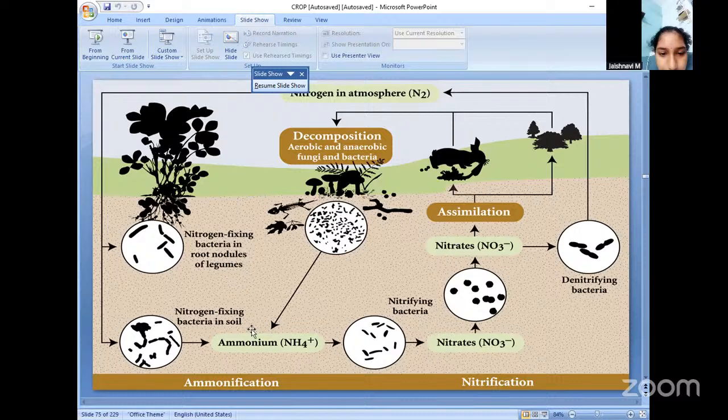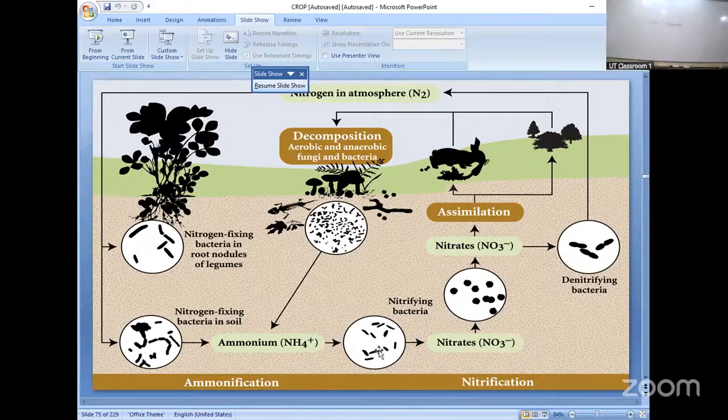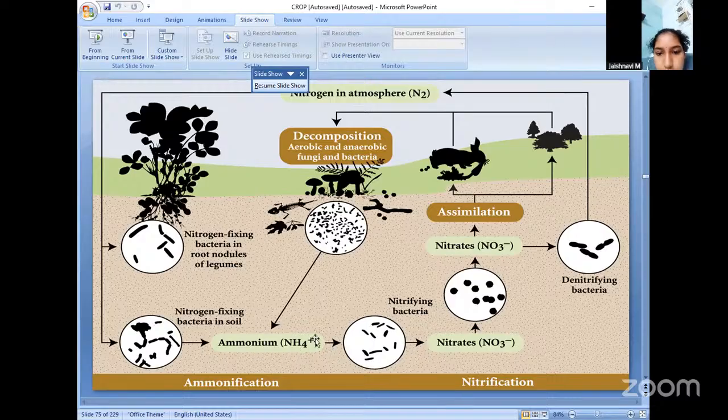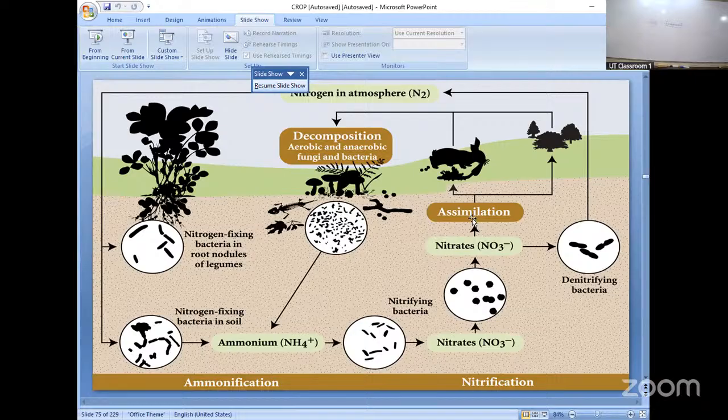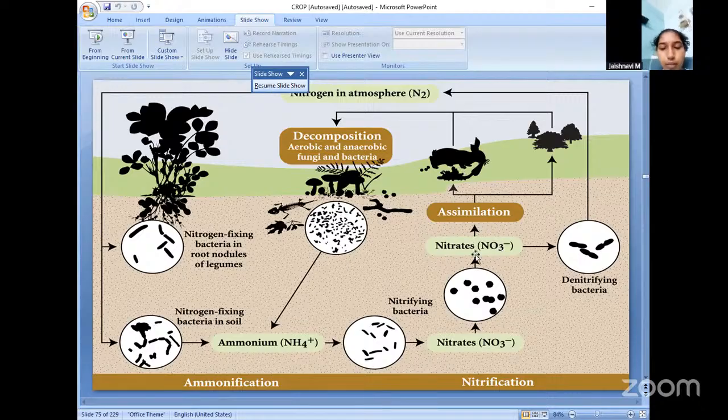Nitrogen fixing bacteria in the soil consume it and create the chemical ammonium. Then bacteria convert ammonia into nitrates, and the nitrates are assimilated, and again it goes through the plants and again to the atmosphere.